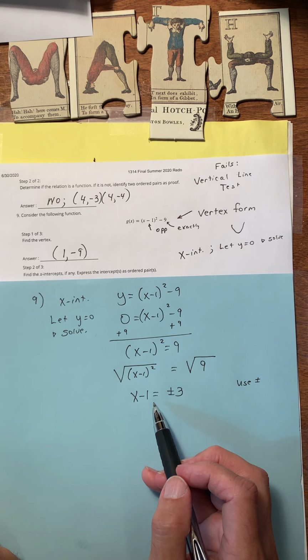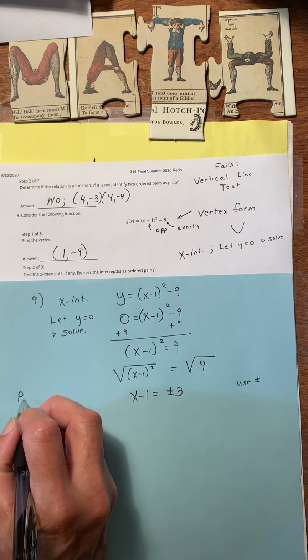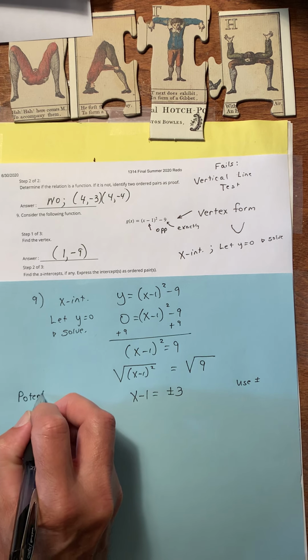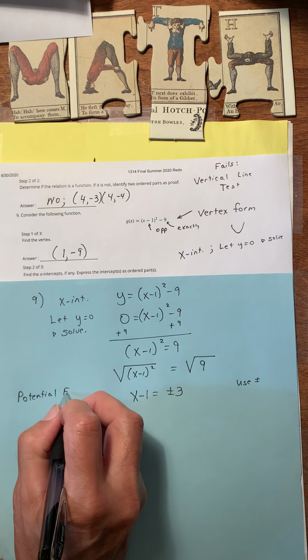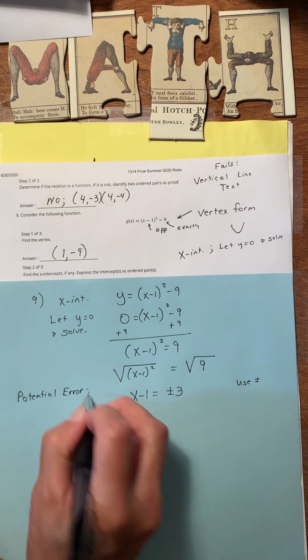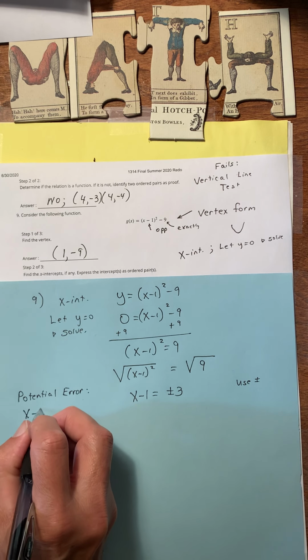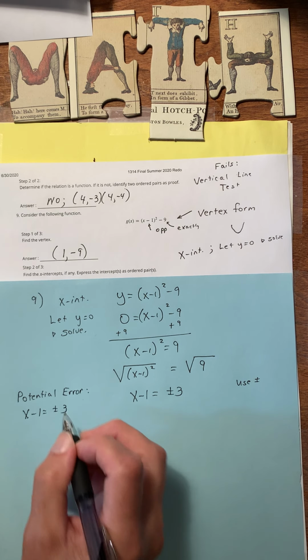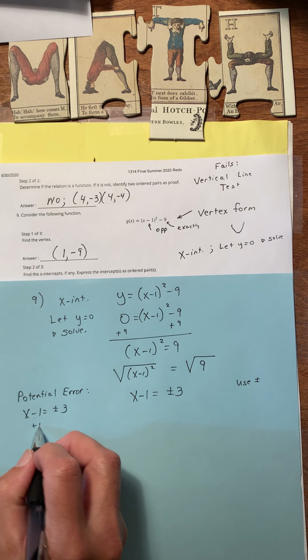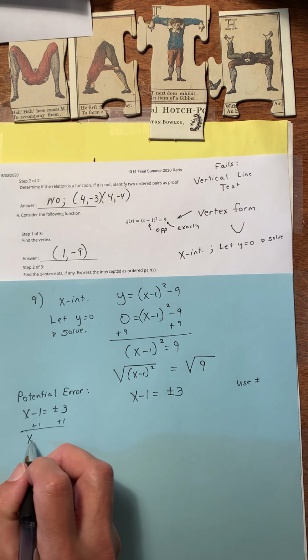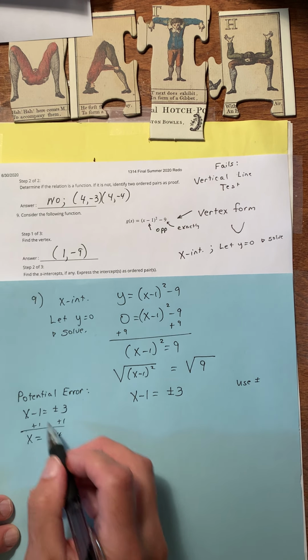Now watch this. This is a potential error. It's made all the time. x minus 1 equals plus or minus 3. Many people do this. Hey, I'm going to add 1 to both sides, and I get x is plus or minus 4.